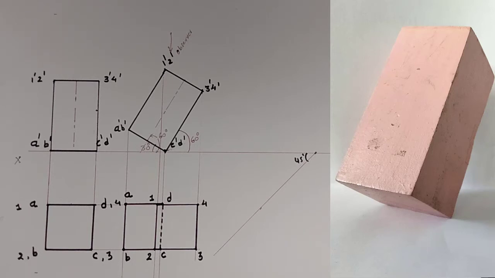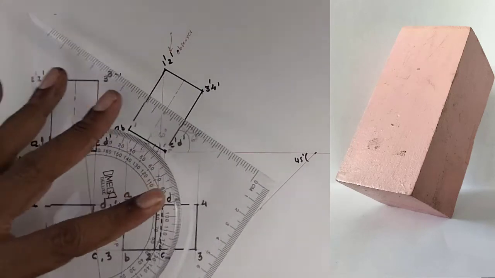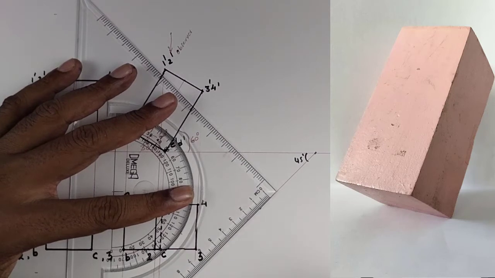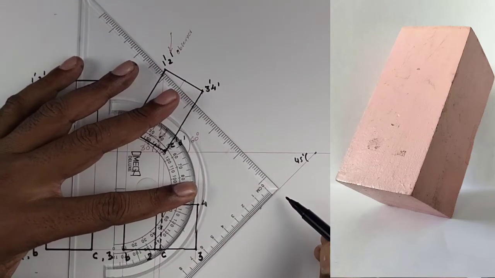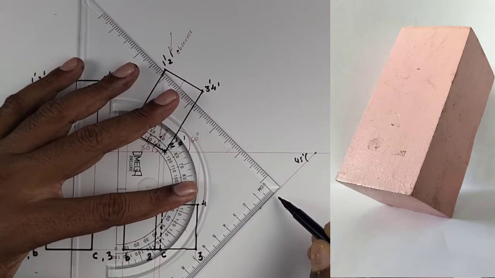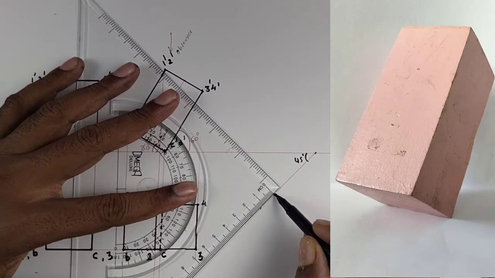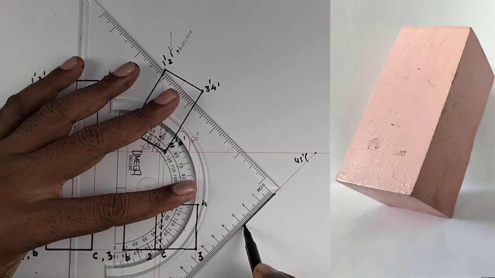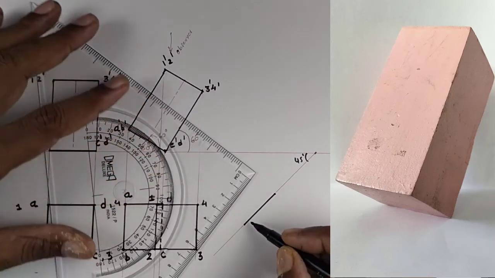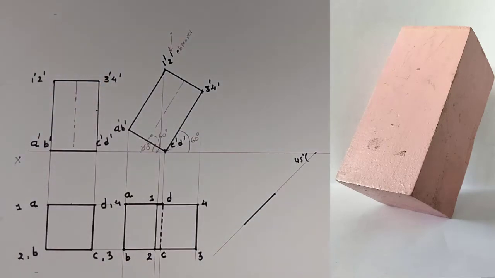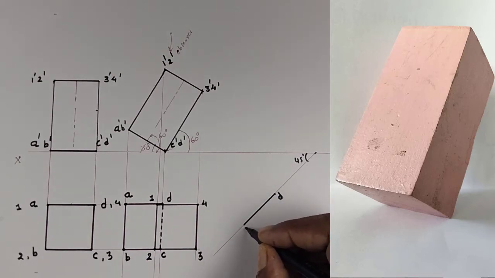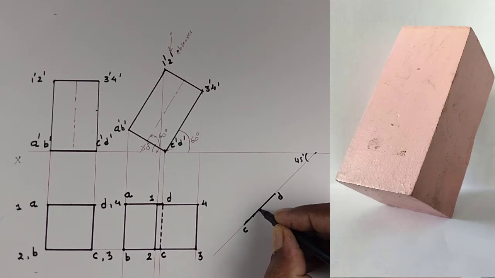So for that I mark DC 30 mm on the same inclination line with dotted line. This is my D point, this is my C point. These are the dotted lines.